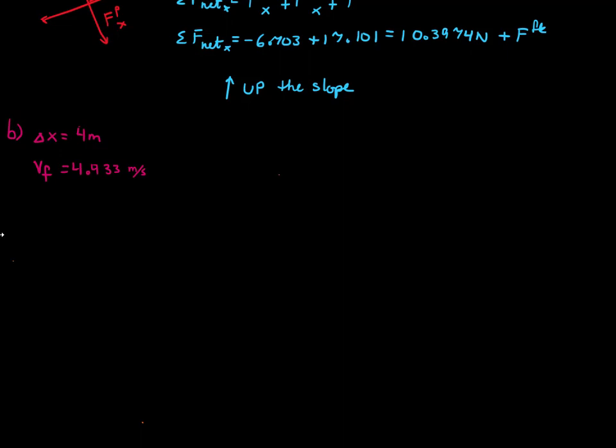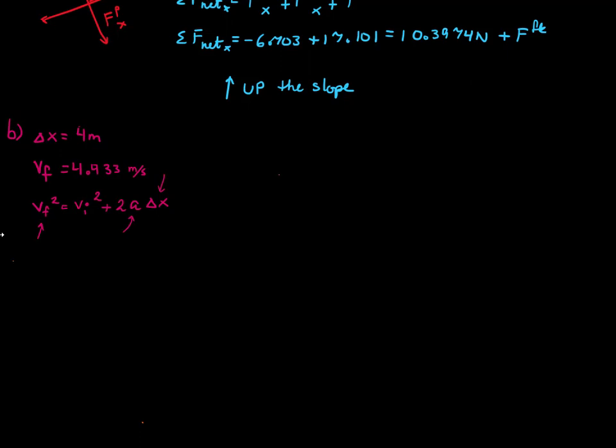So now we have to find the initial speed. We can use this formula to figure that out: velocity final squared equals velocity initial squared plus 2 times acceleration times change in x. We know the change in x and the final velocity, but how do we find the acceleration?